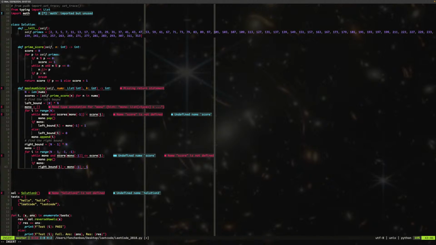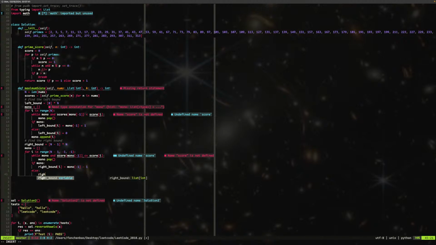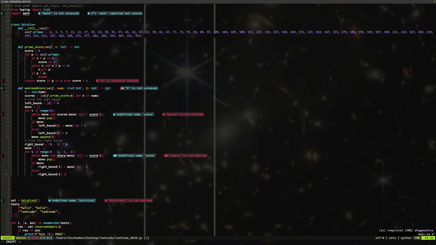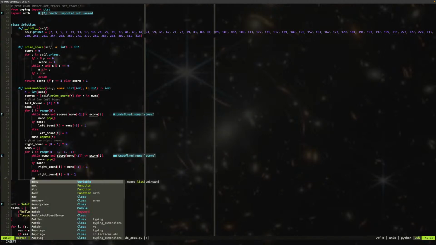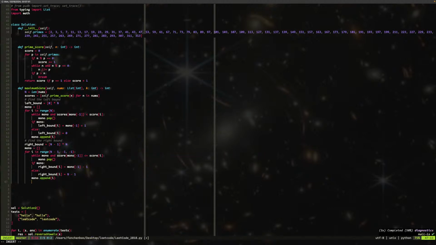So the extent we can go to is minus 1. Yeah, I do think that is correct. Else, if no mono, then we say right bound I is going to equal to n minus 1. That's the most right we can go. And then mono dot append I. All right, so now we do this, we get a right bound, we get a left bound.